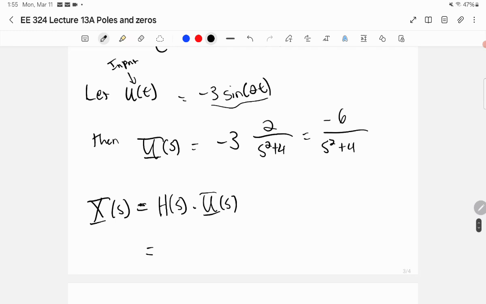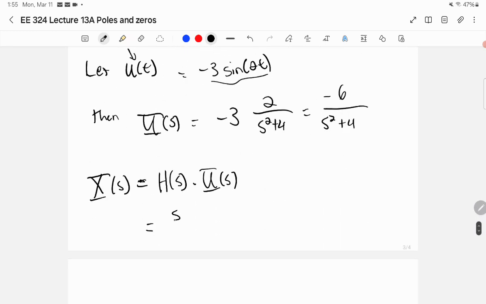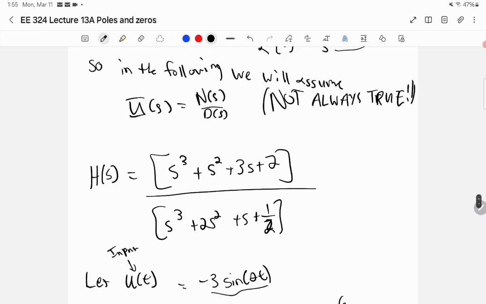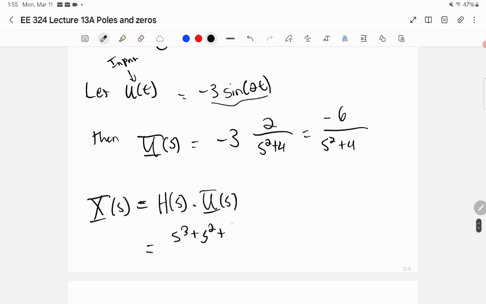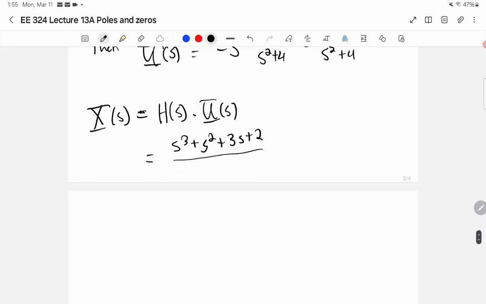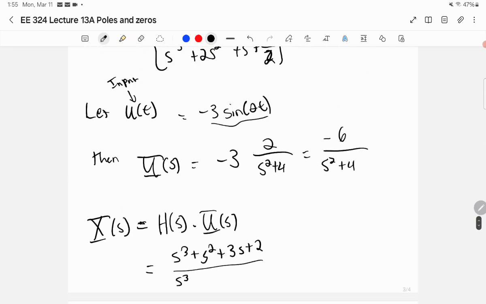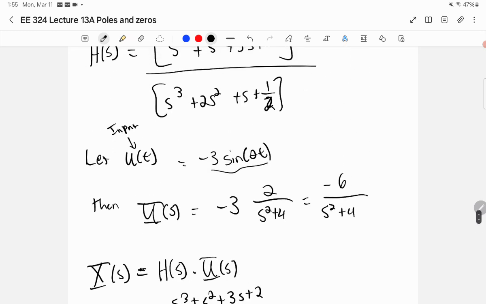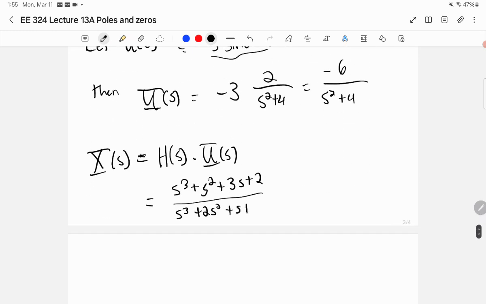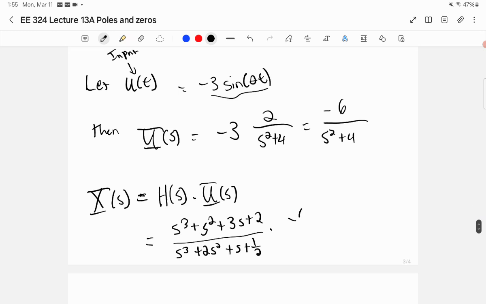Which means that we can rewrite this as s cubed plus s squared plus 3s plus 2, divided by s cubed plus 2s squared plus s plus 1/2, times u of s, which is minus 6, divided by s squared plus 4.